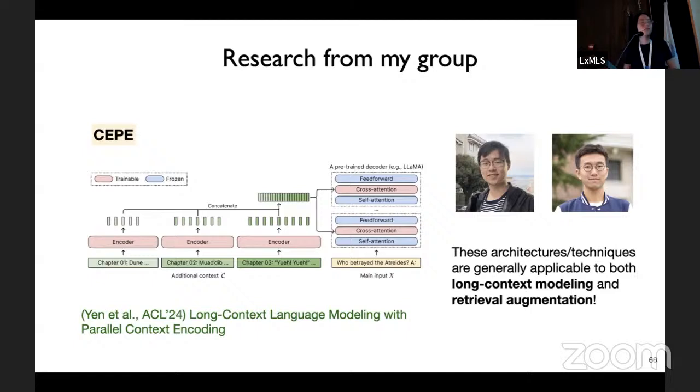I was wondering, are the techniques you mentioned mostly applicable to decoder-only models, and are they transferable to other kinds of models?